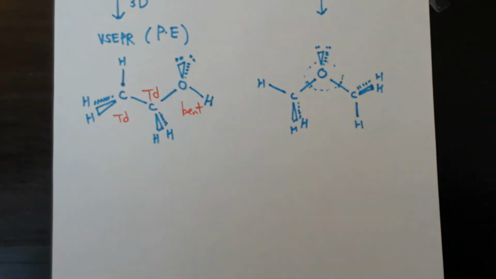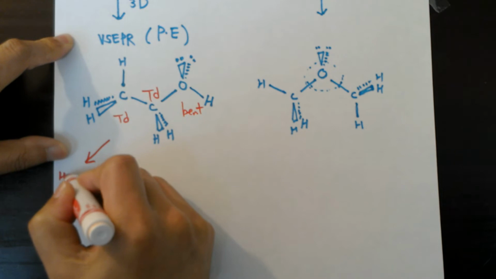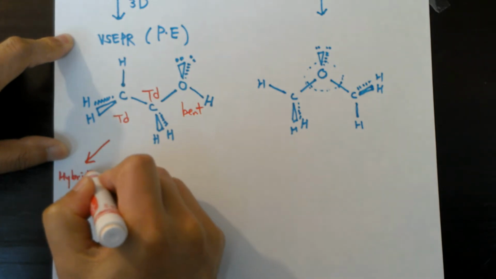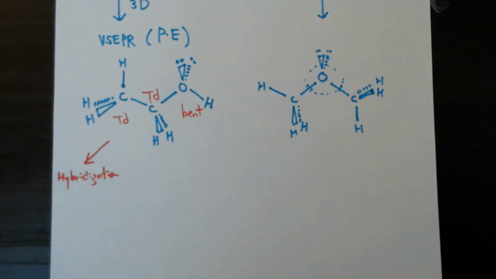Alright, so we got two VSEPR structures with somewhat detailed information about 3D. Then, in a separate video, I'd like to discuss hybridization, giving you a deeper understanding about the structure.